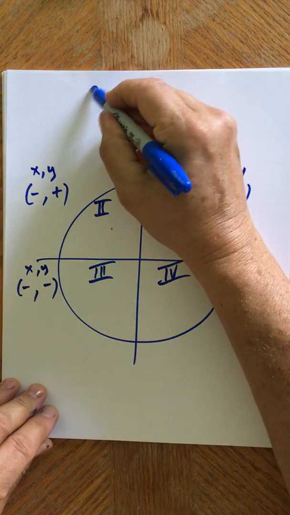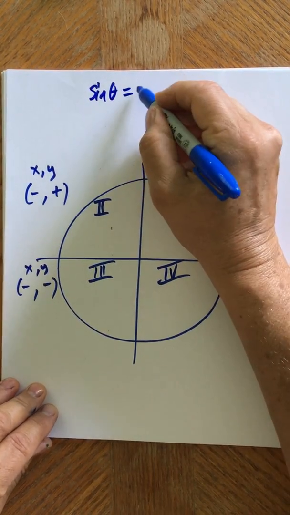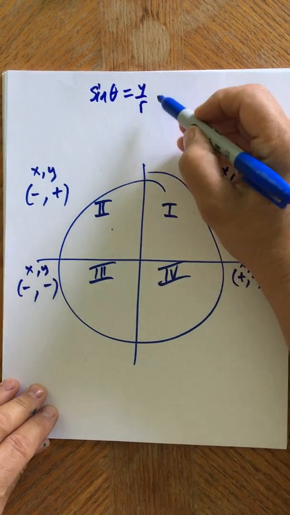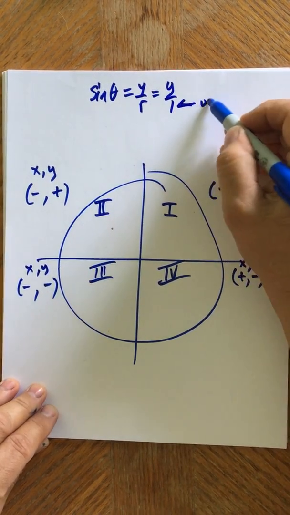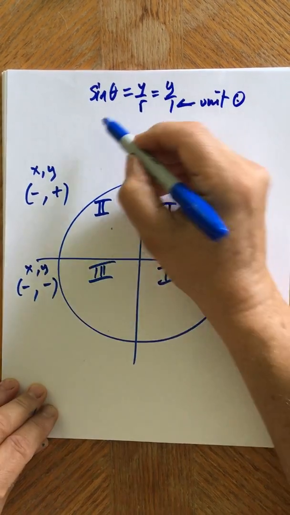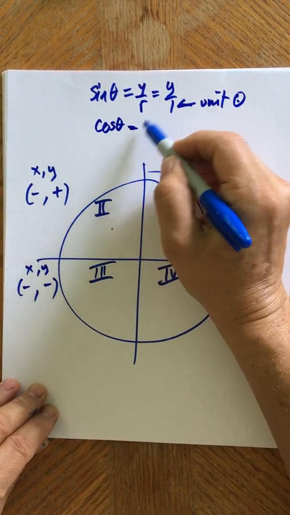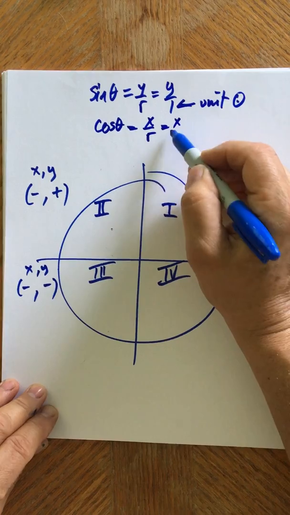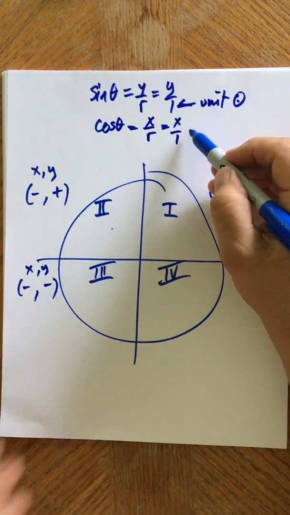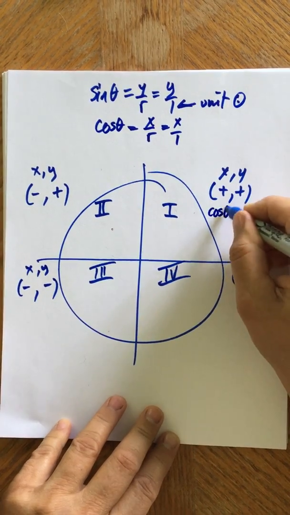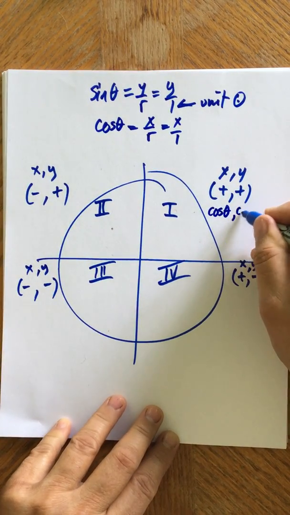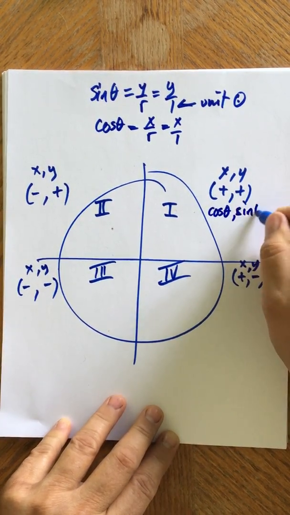When you have sine of an angle is y over r, you can think of this as y over 1 if you're talking about a unit circle. And then cosine is x over r, but really x, unit circle. So really what we have is x is cosine of the angle, y is sine of the angle, sorry.